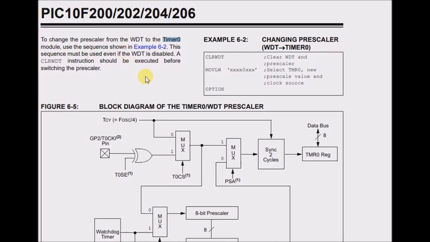A CLRWDT instruction should be executed before switching the prescaler. Example 6.2. Changing prescaler from WDT to timer 0. CLRWDT, and prescaler. MOVLW, select timer 0, new prescale value, and clock source option.